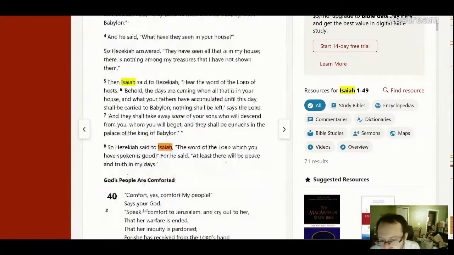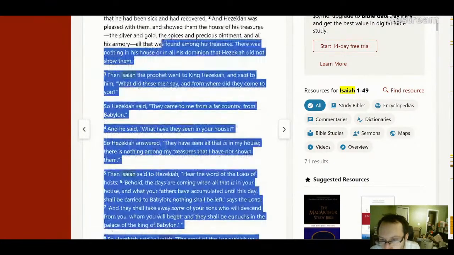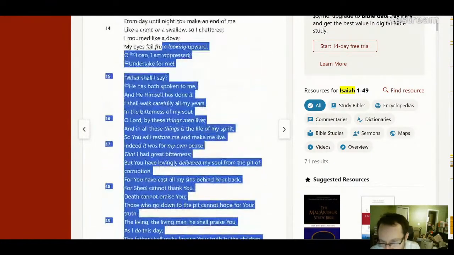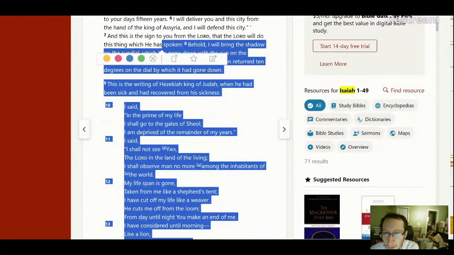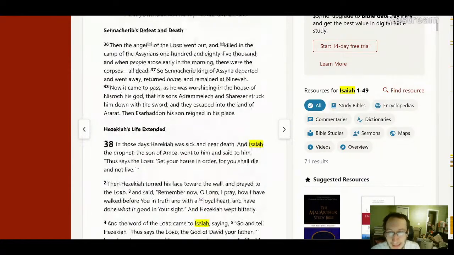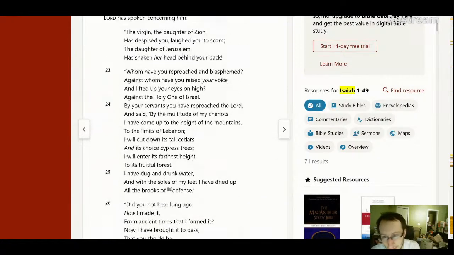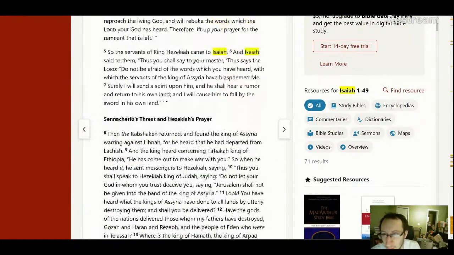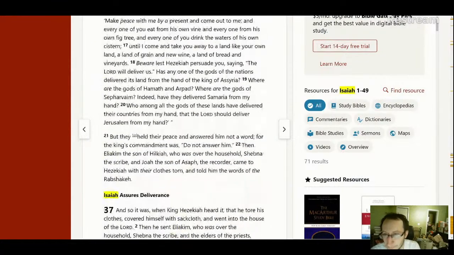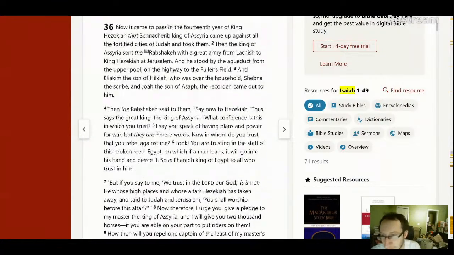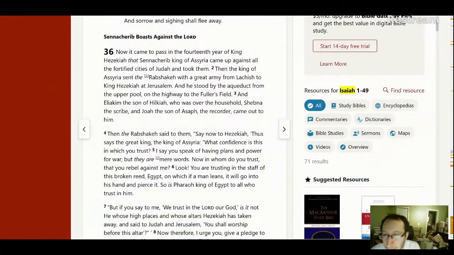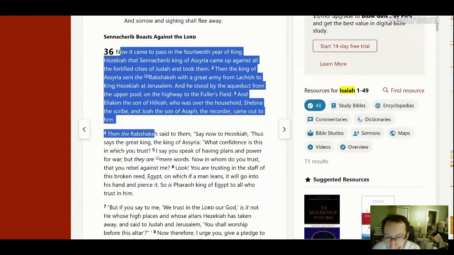Also, this reads very much like 2 Kings. When you go to the text of 2 Kings, there's a certain style of 2 Kings. Like it introduces a king and says, the king did this and such like such and such. So in the introduction, it reads very much like 2 Kings. This does not read like Isaiah at all.